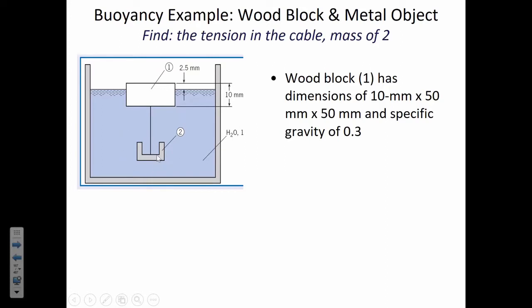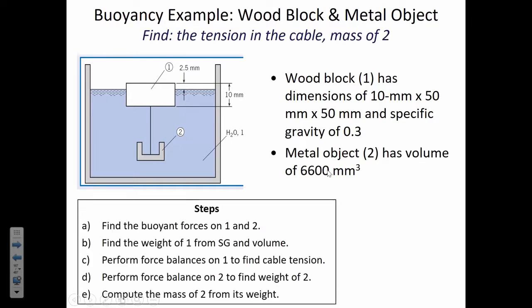So what we can do is say we know what it ought to be submerged at and what it is submerged at, and the difference between the two is going to be the force that's pulling up on that metal object. We know the volume of the metal object, but we don't know its density or its specific weight, but we can calculate it by following these steps.